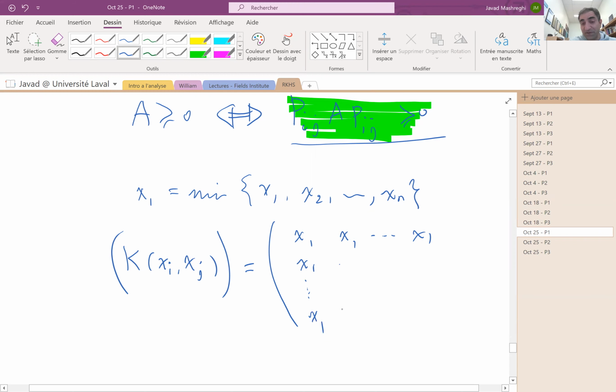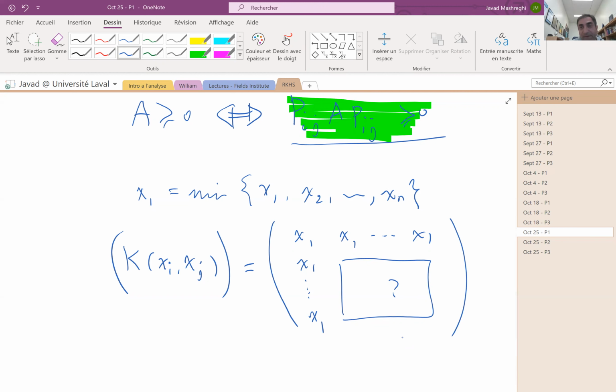Because it's the smallest one. Here still we do not know, we'll consider later. So by bringing x1 to the very beginning with this transformation, we have this formula.